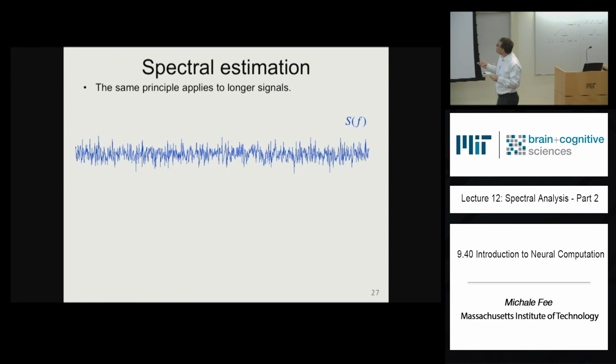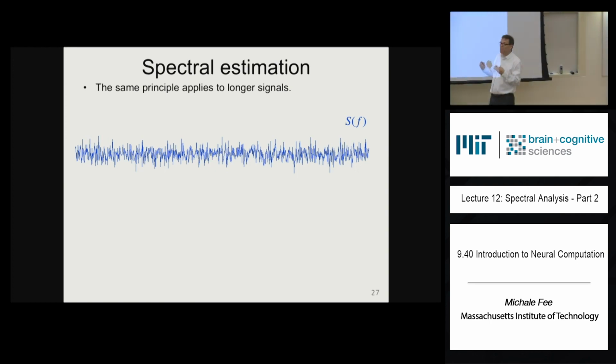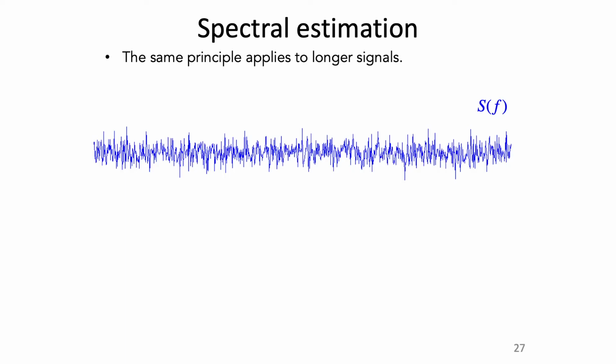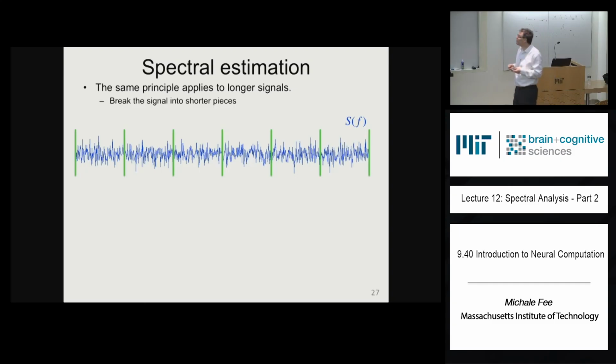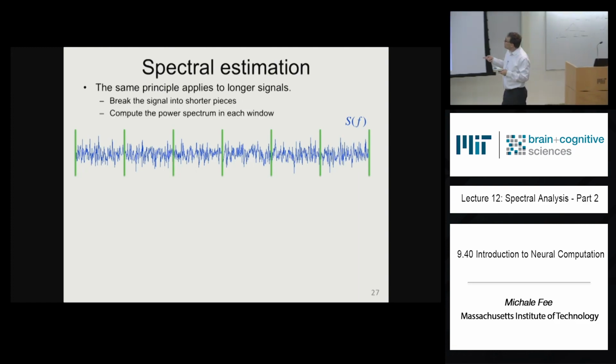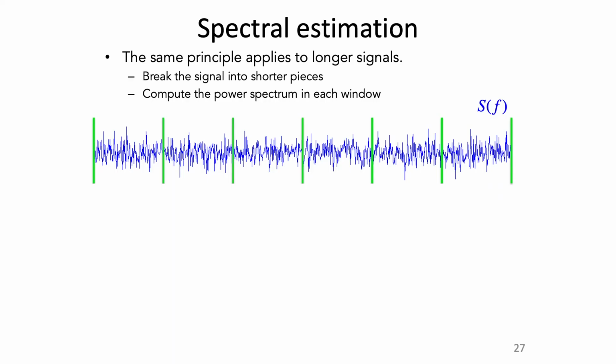Okay, now you can apply that same principle to long signals. What you do is you just take that signal and you break it into short pieces. And you compute the power spectrum in each one of those windows, and again, you average them together.